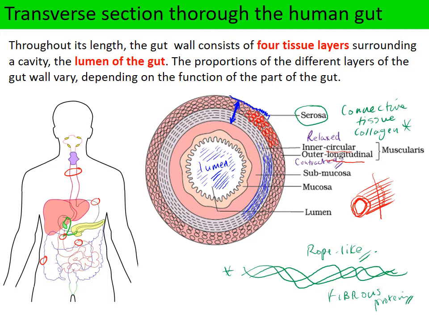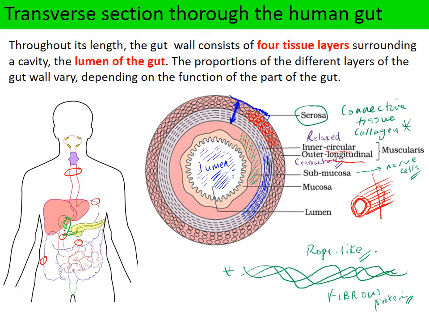Now, the third layer beneath the muscularis, so this layer here, if we just do that maybe in green, there you go, that's called the submucosa. Now, the submucosa contains a number of different structures, such as nerve cells. So we could say nerve cells.